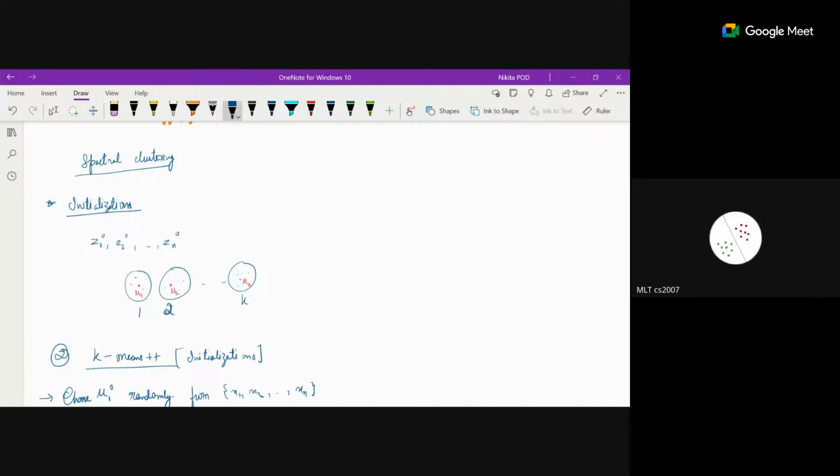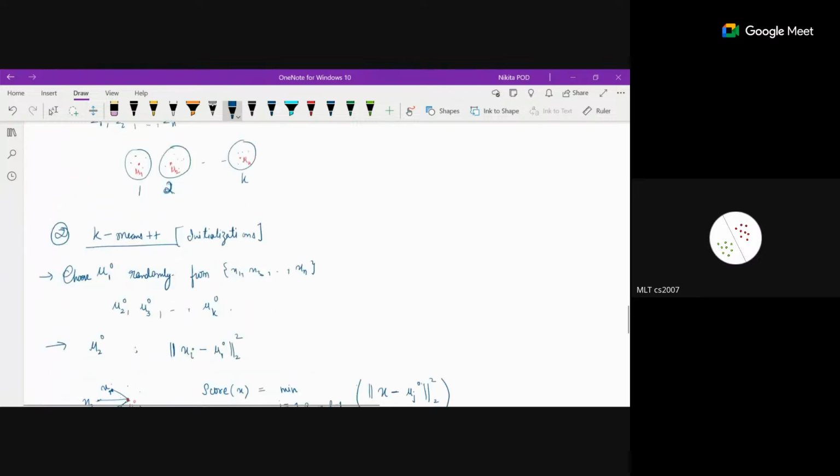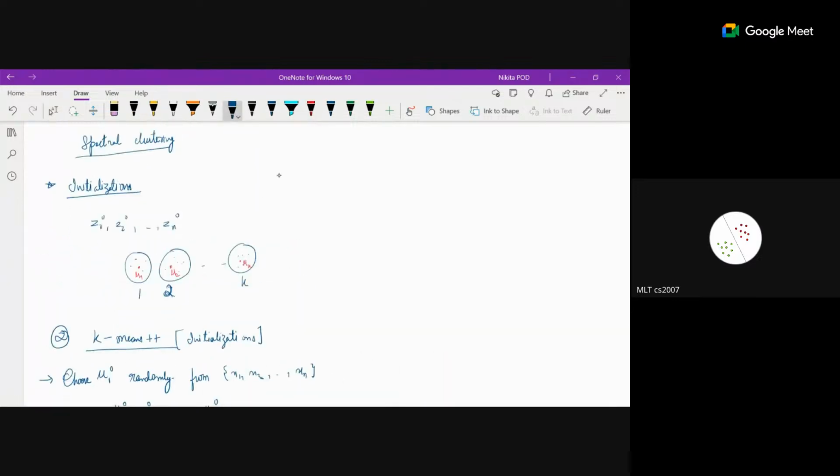See, this is just the initialization technique. When we talked about Lloyd's algorithm in the starting, one technique to initialize is to randomly assign our mu i's. Randomly assign my mu k, and the initialization is done. That is just one step.